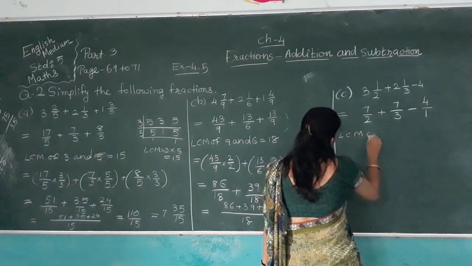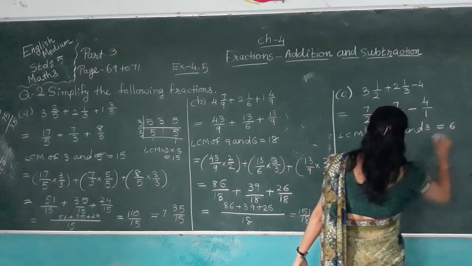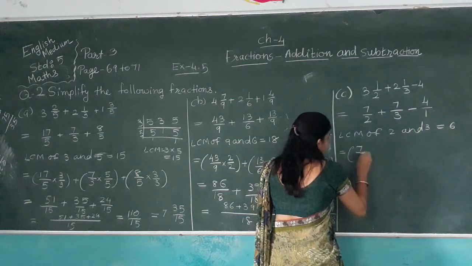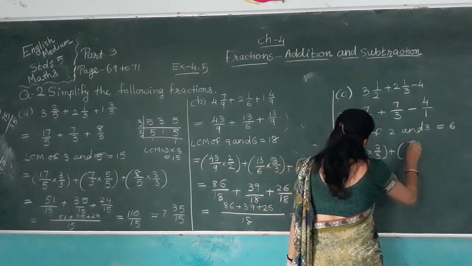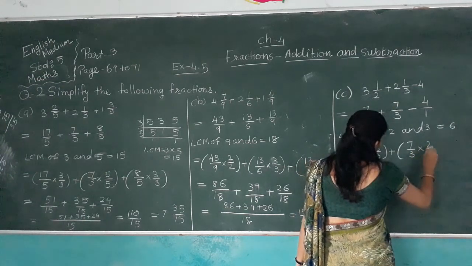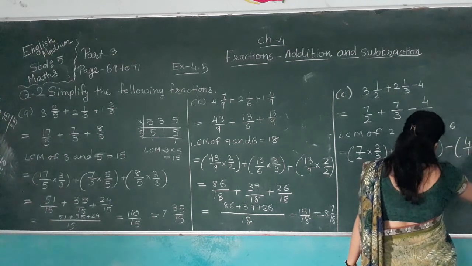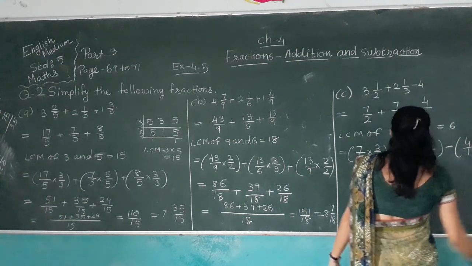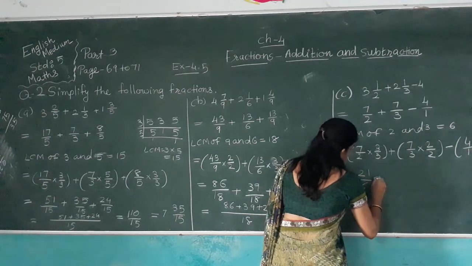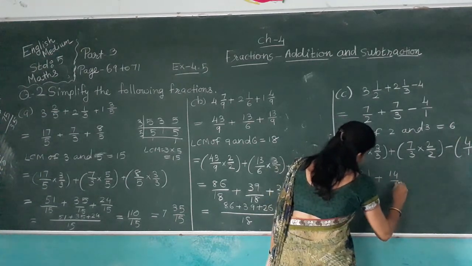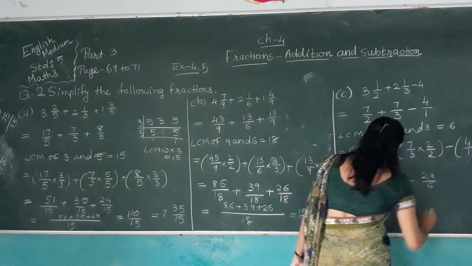LCM of 2 and 3 is equal to 6. 7 out of 2 multiplied by 3 out of 3 plus 7 out of 3 multiplied by 2 out of 2 minus 4 out of 1 multiplied by 6 out of 6. 21 out of 6 plus 14 out of 6 minus 24 out of 6.